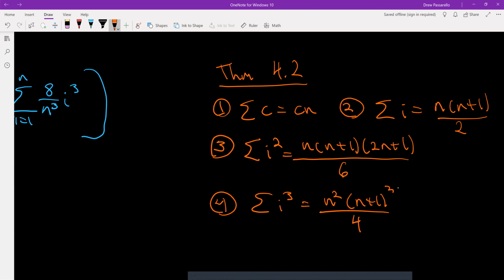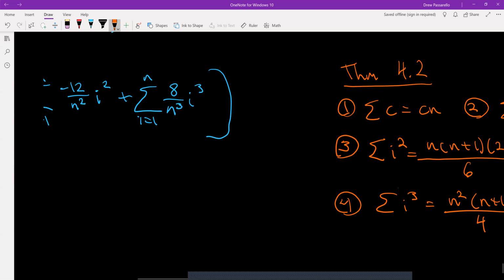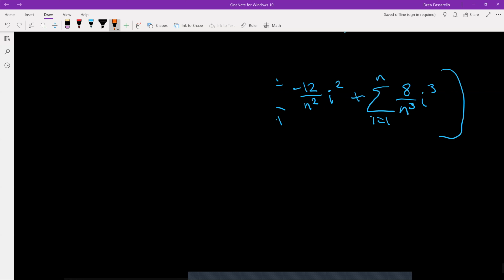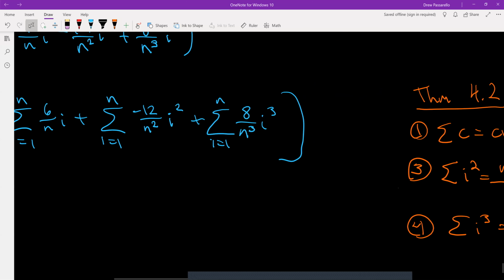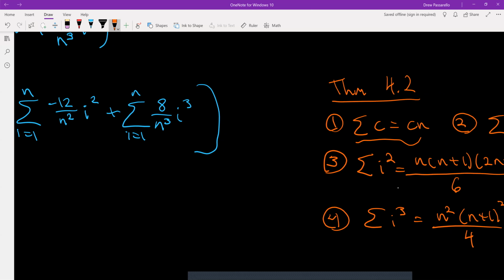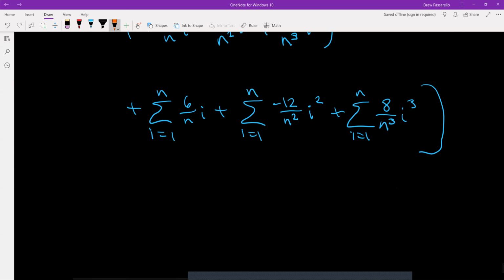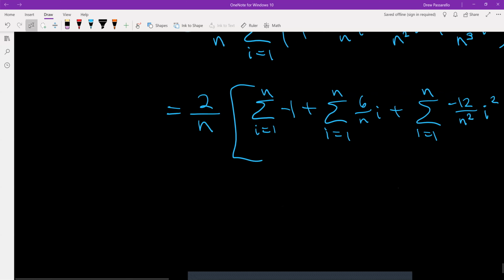All right, so that's what I'm using. I'm using every single one. The first one, where negative one is like C in this case, so I'm using rule 1. And so it'll be -1 times n is what that turns into. All right, so this will be -1 times n, which is -n.